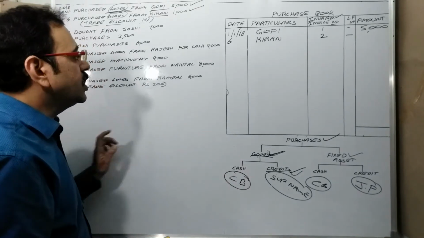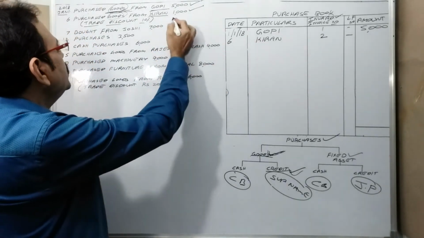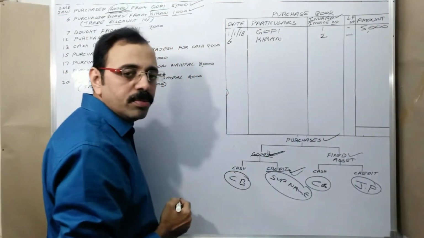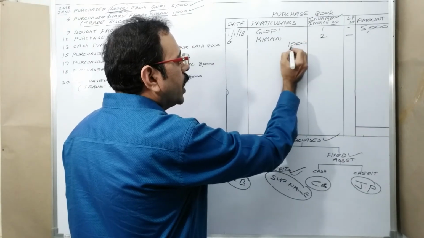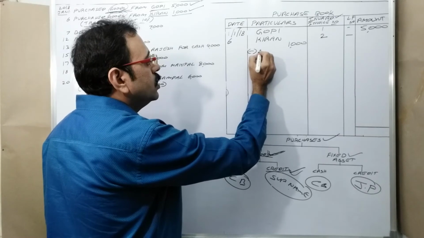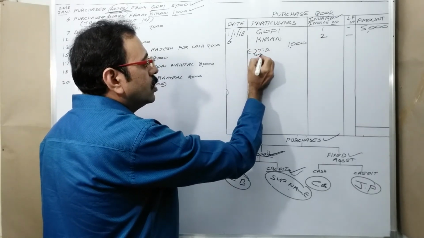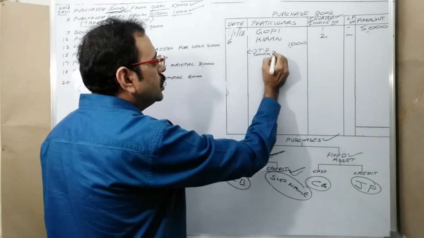Then in the present transaction, since a trade discount is given, we should not write the transaction amount 1000 rupees in the outer column. In the inner column, in the particulars column, write down 1000 minus trade discount. We calculate 10% discount on 1000 rupees.